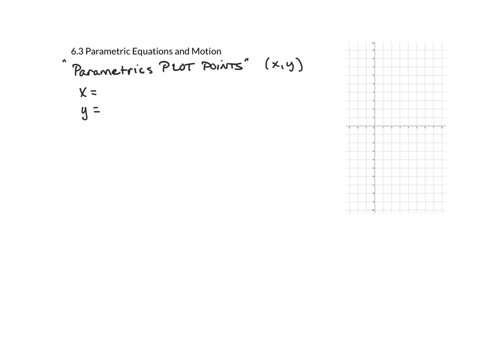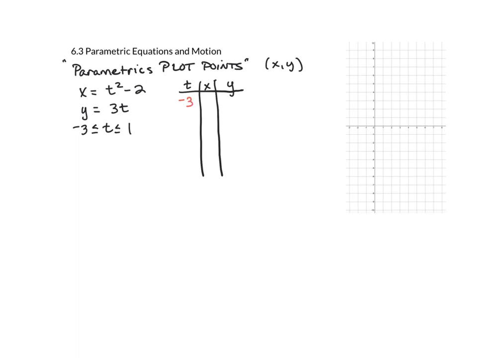So in the first example, I'm going to say x equals t squared minus 2 and y equals 3t. And we're going to say that t, the parameter, is going to range from -3 to +1. So for this example, we're going to make a table of values, and we're going to let t be the smallest value, -3.